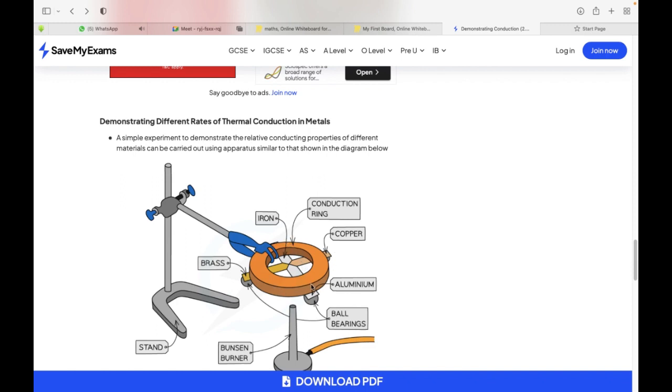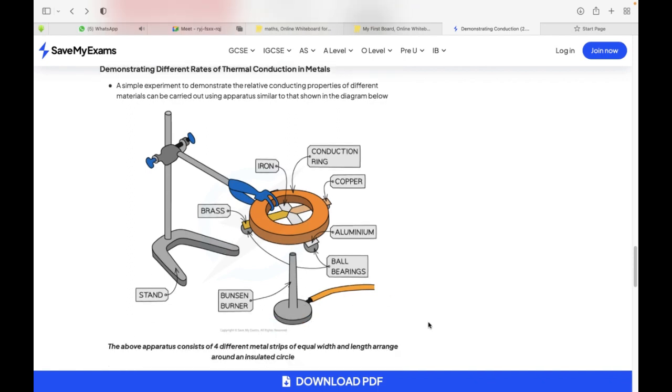Then we have what we call a conduction ring. You can see a conduction ring, something that can conduct heat, has been put here. We hold them with a stand. It could be a tripod stand or any stand with a lift. We hold them, and then we're going to supply heat with this.